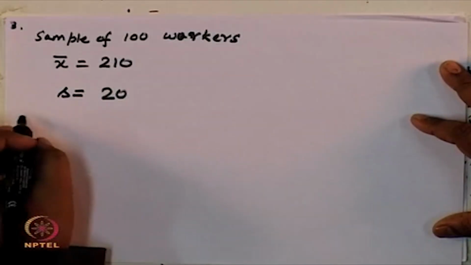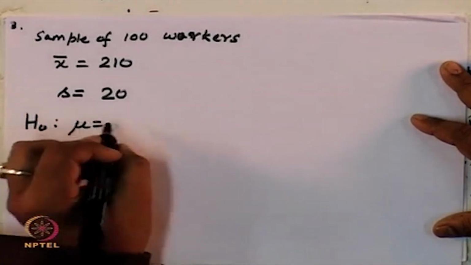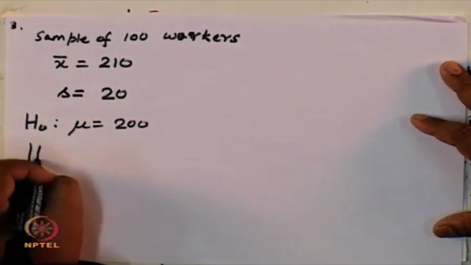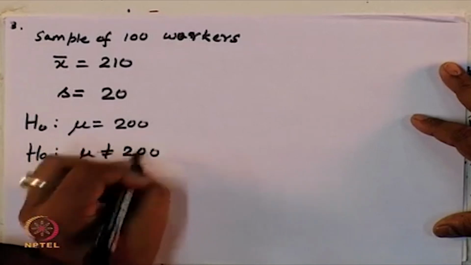As before, let me rewrite: H naught is mu equal to 200, H A is mu not equal to 200.